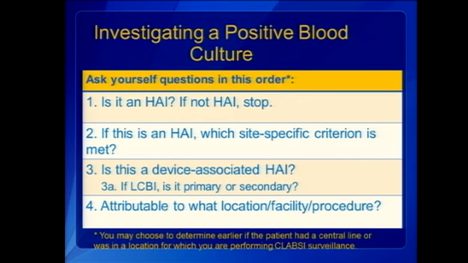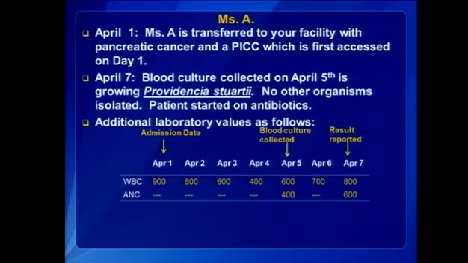Likewise, if you're only doing CLABSI surveillance in ICUs, if the patient had never been in ICU, then he could not have a CLABSI that's attributable to an ICU, and so you may want to stop your investigation there for NHSN purposes. So you may change the order of these based on your own facility's circumstances.